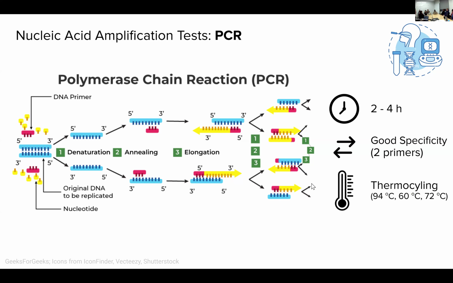With PCR, there are a couple of different steps per cycle: you first pull apart the double-stranded DNA, then you lower the temperature to allow the primers to anneal to your now single-stranded DNA, and then you raise the temperature back up so that the DNA polymerase can extend that strand.